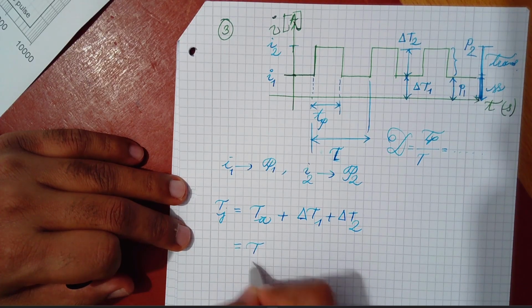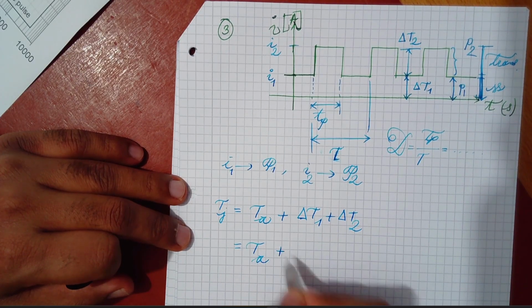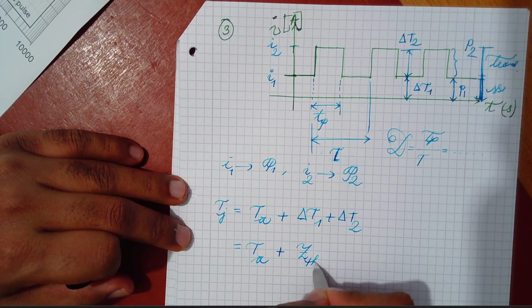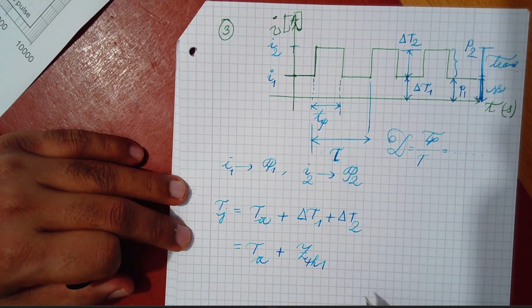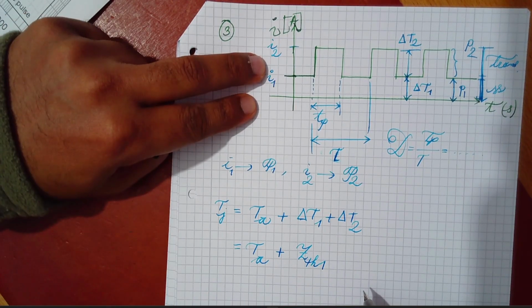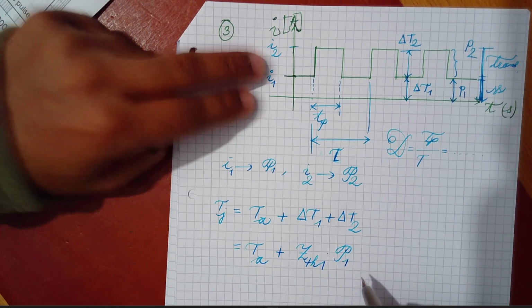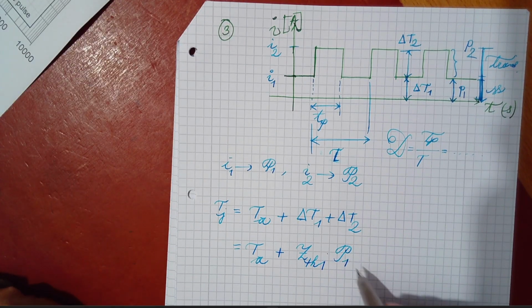TA is known. For delta T1, we need to consider ZTH, let's call it ZTH1 for that steady state part, and the power is known or measured or calculated to be P1.